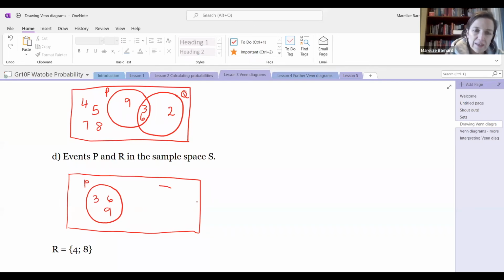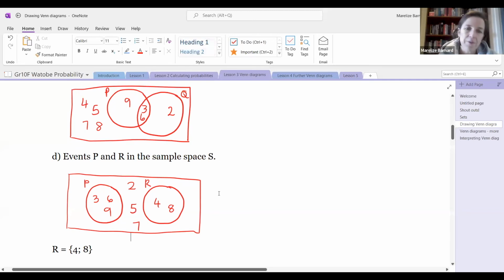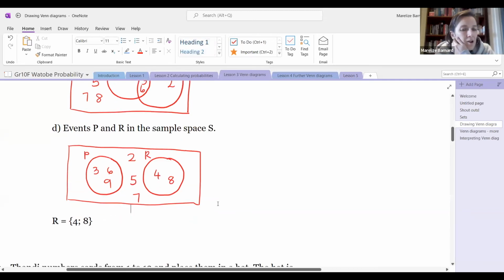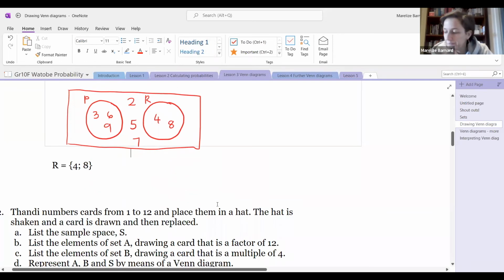And R is over here, no overlap, 4 and 8. And outside of those 2 events are the remaining numbers 2, 5, 7. And I think that's everything.